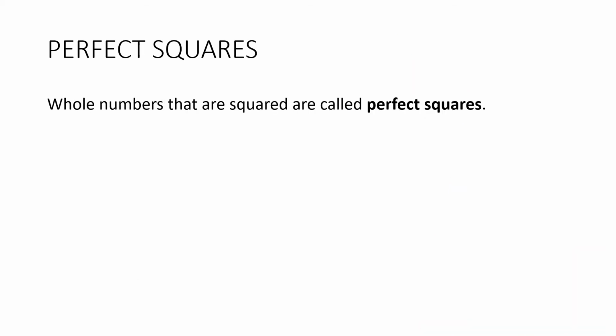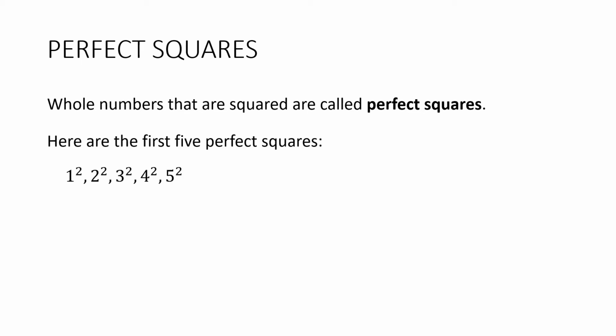Let's move on. Whole numbers that are squared are called perfect squares. And the first 5 perfect squares are 1 squared, 2 squared, 3 squared, 4 squared, and 5 squared, or 1, 4, 9, 16, 25. And we touched on this briefly in our first topic, number theory.